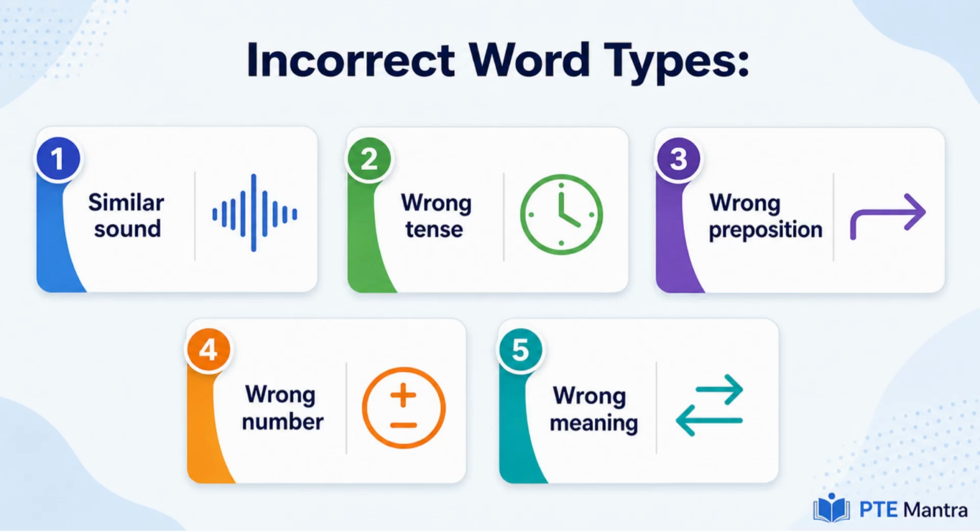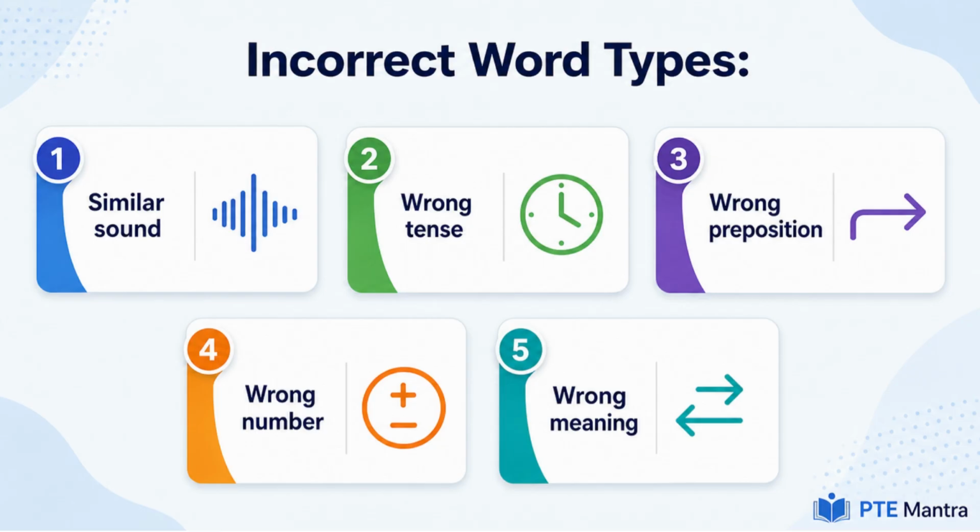Type 3. Wrong preposition. To versus for. Of versus with. Type 4. Wrong number. Is versus are. Was versus were. Type 5. Wrong word meaning. Increase versus decrease.